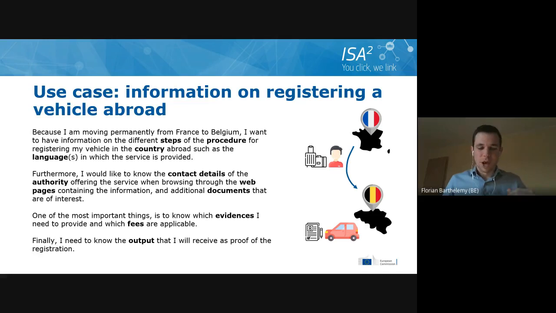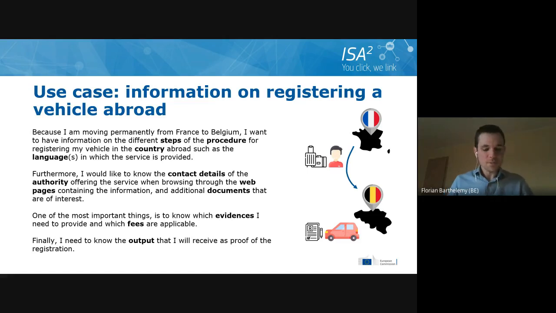Usually this person would like to receive such information via an online web page, and potentially, if the case requires it, to have additional documents supporting the information that is provided.